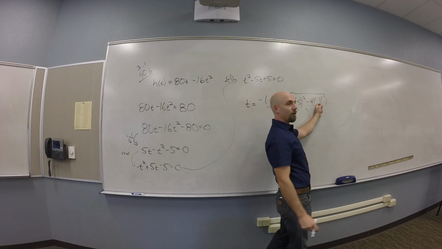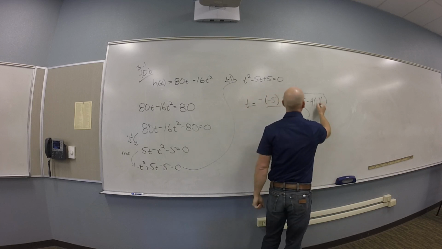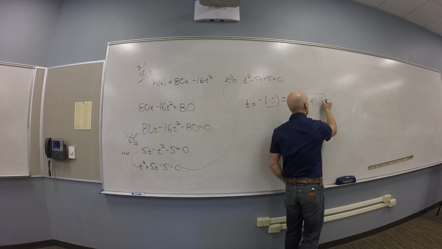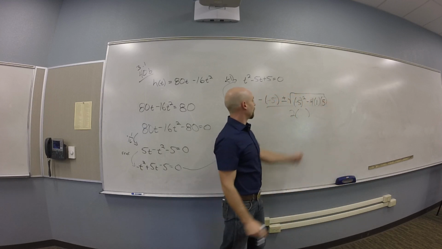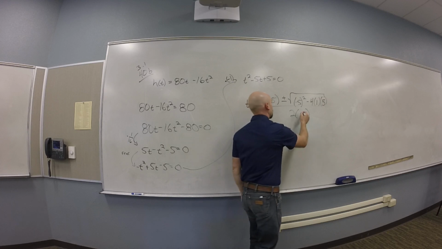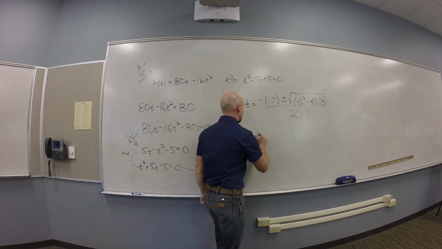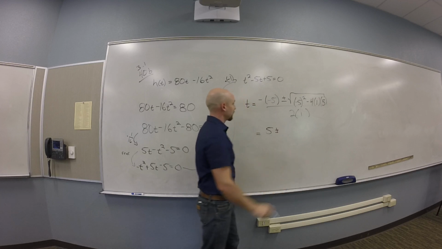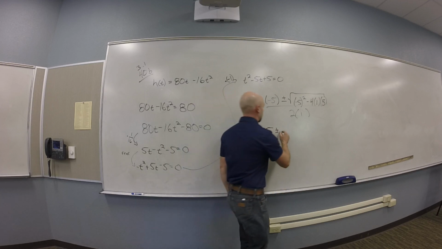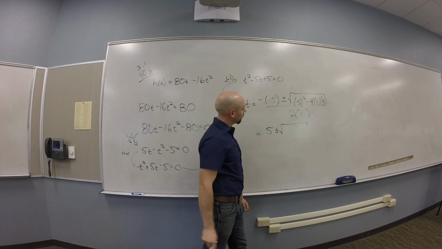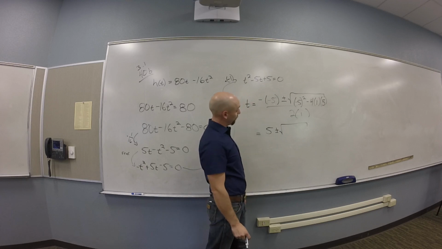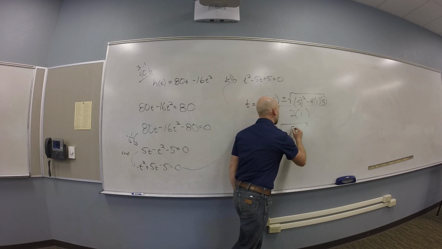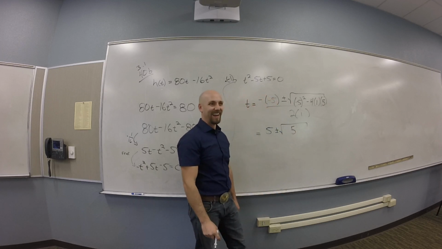And in here, I want a 1 and a 5. So I got 5 plus or minus the square root of 25 minus 20. Oh, that's why it wasn't factoring, right?